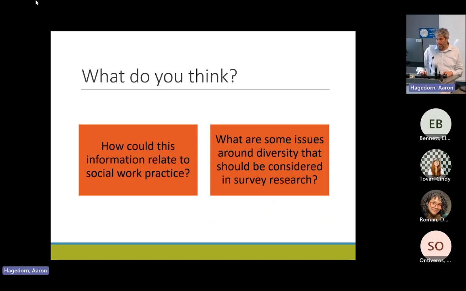So if we think about social work practice, any assessment that you do on someone is basically a survey. And it's a survey of one person, and you score it typically in some way, and you're comparing their score to some expectation, right? And if they score high on like a propensity to violence or something like that, then you know you can take action. If they score low, then you can't.